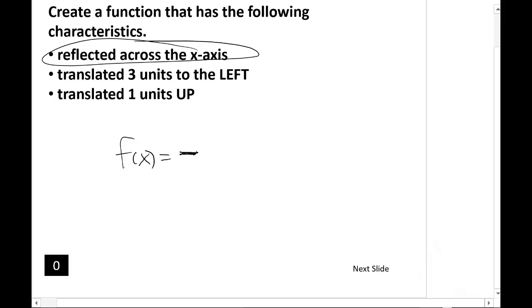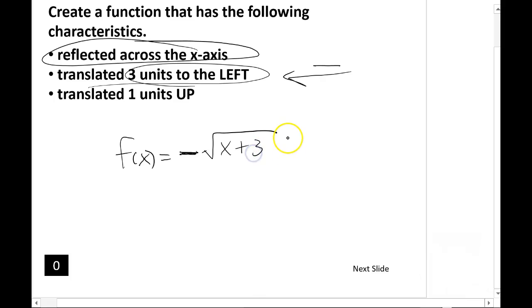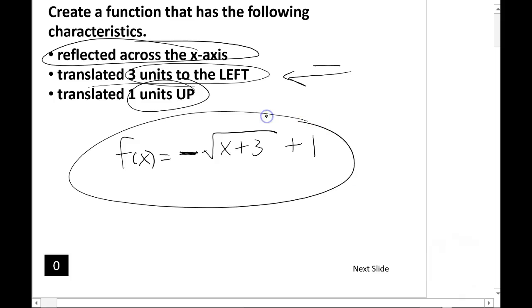Okay, so then that means we need to put a negative in front of our radical. And then it says translate 3 units to the left. Well, that means we're going to the left in the negative direction. If x is a liar, we're going to do x plus 3. And then it goes 1 unit up. So on the outside of the function, it would be plus 1. Okay, and there we go.